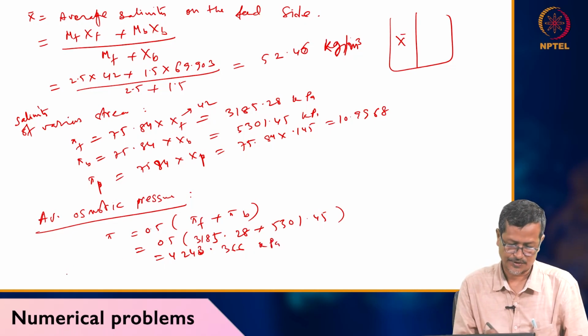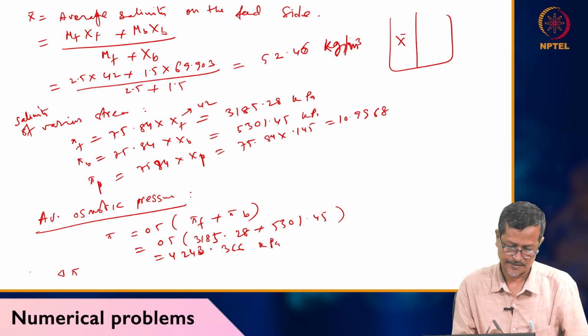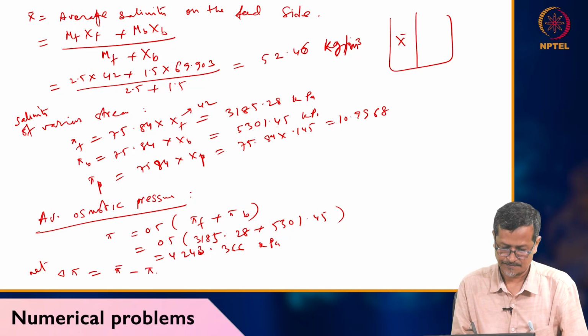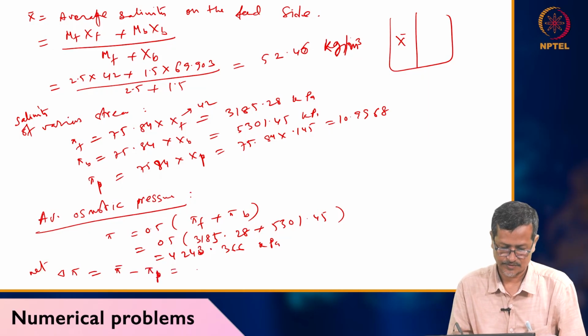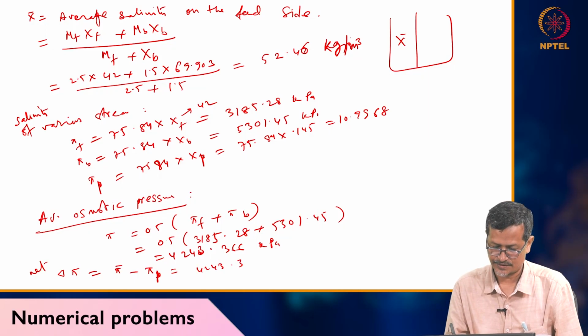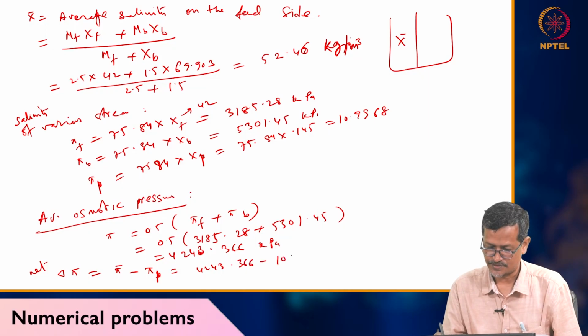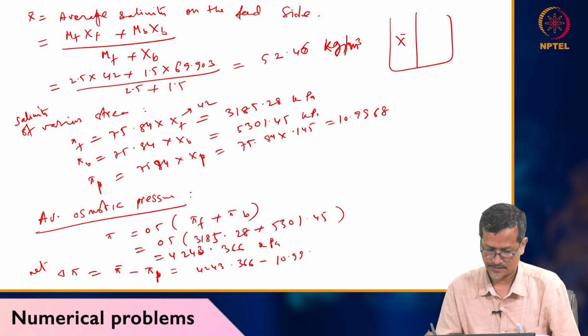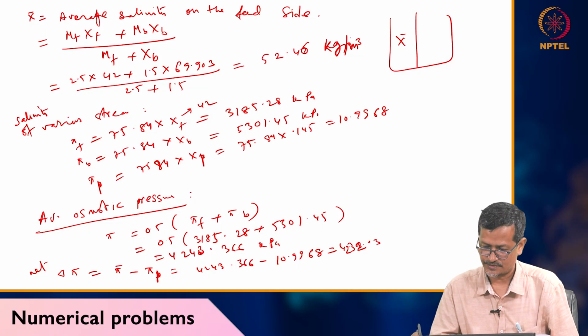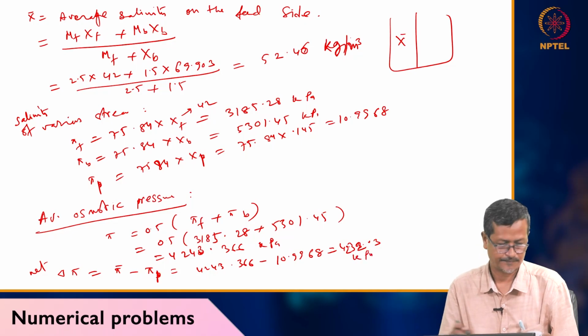And net osmotic pressure, del pi net equals pi bar minus pi p equals 4243.366 minus 10.9968 equals 4232.3 kPa.